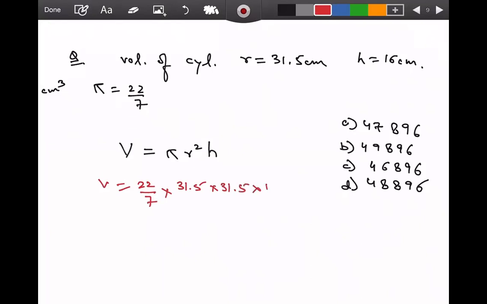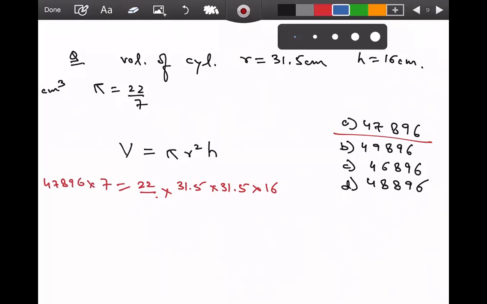Now if I take option A, 4, 7, 8, 9, 6, and I take this 7 here. So rather than solving it completely, I can use digital sum. इसका देखो decimal को ignore करना. This makes it 7. This is how much? 5 plus 1, 6 plus 3, 9.